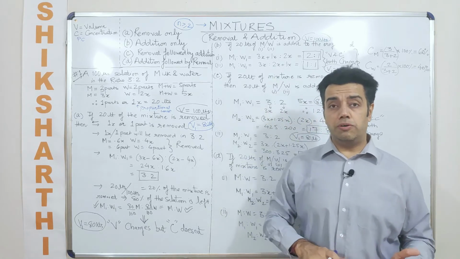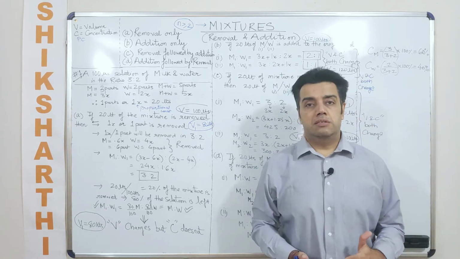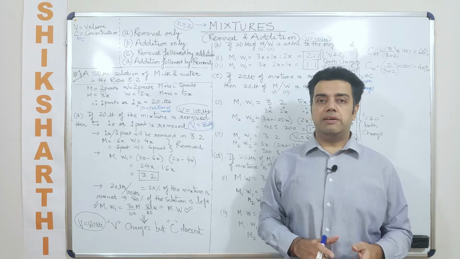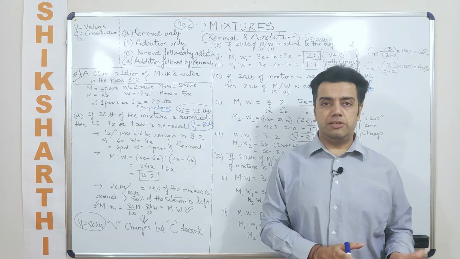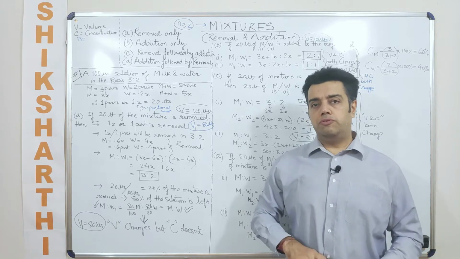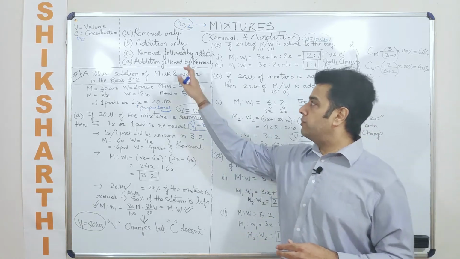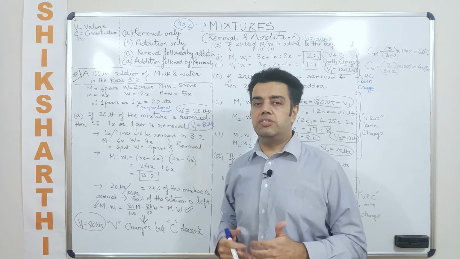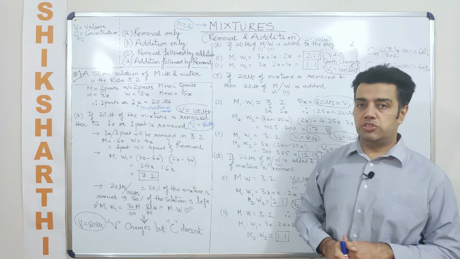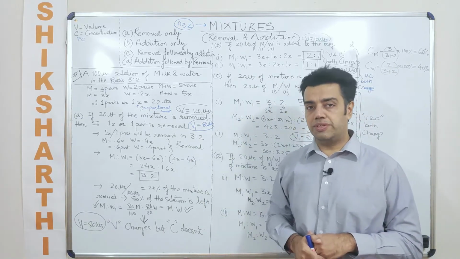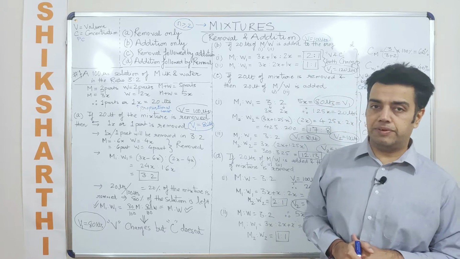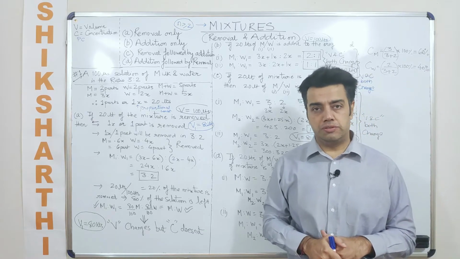When I say either of the ingredients, if the original ingredients were milk and water, first we'll be adding either milk or water, followed by water or milk, and then followed by removal. So after addition, then we'll be removing the mixture, and then we'll see how the concentration and the volume get affected because of this removal or addition.